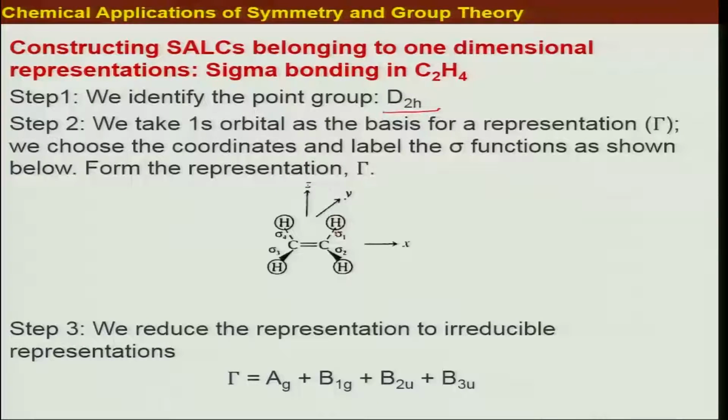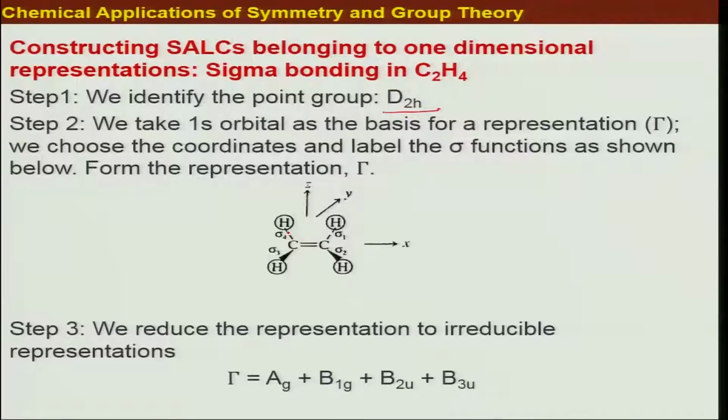So we will choose the coordinates, and these are the sigma bonds, and we will label them as sigma 1, sigma 2, sigma 3 and sigma 4, fine. And then we will ultimately use these coordinates as a bond vector, which are essentially sigma bonds, to form the basis for this representation of D2H point group.